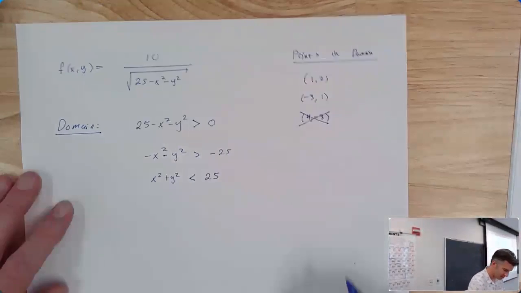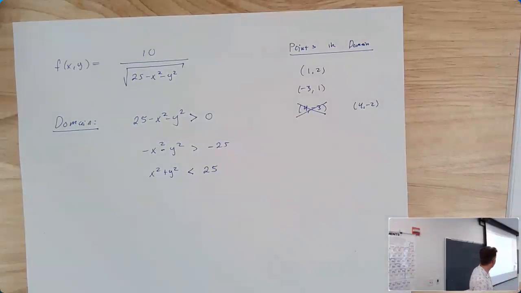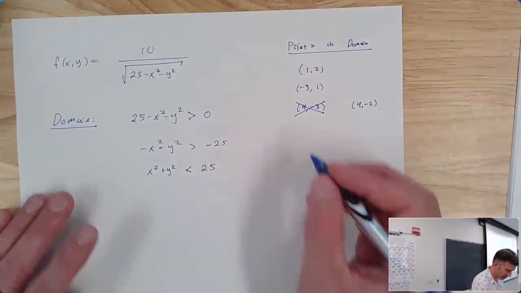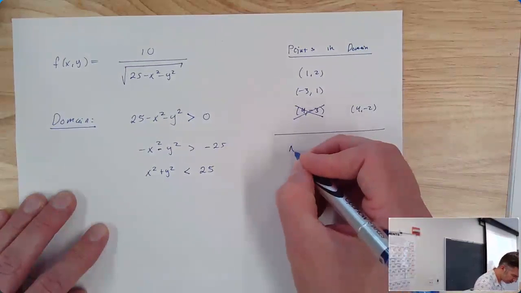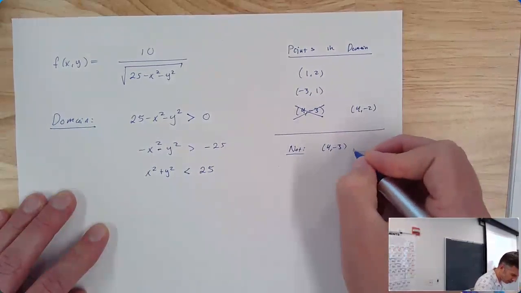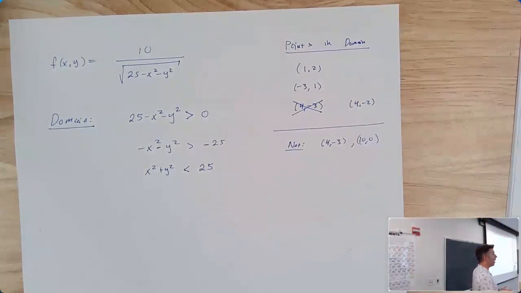But 4, negative 2, yes. All of those points satisfy this inequality. On the other hand, there are lots of points not in the domain, like 4, negative 3, or 10, 0, et cetera. I could go on forever.